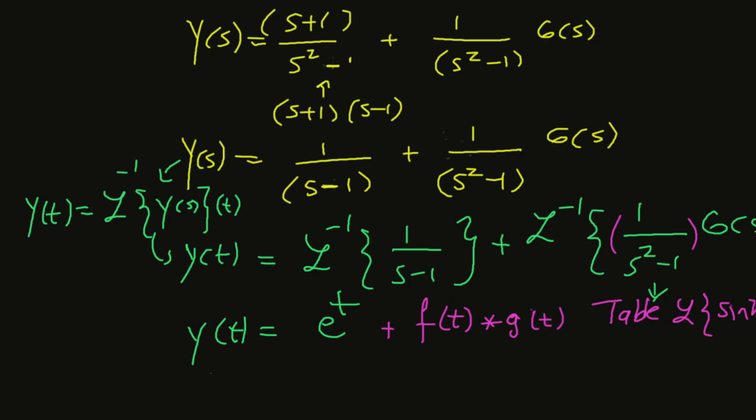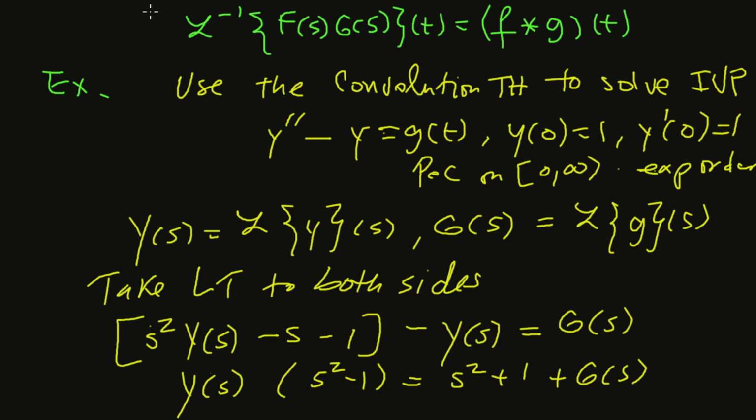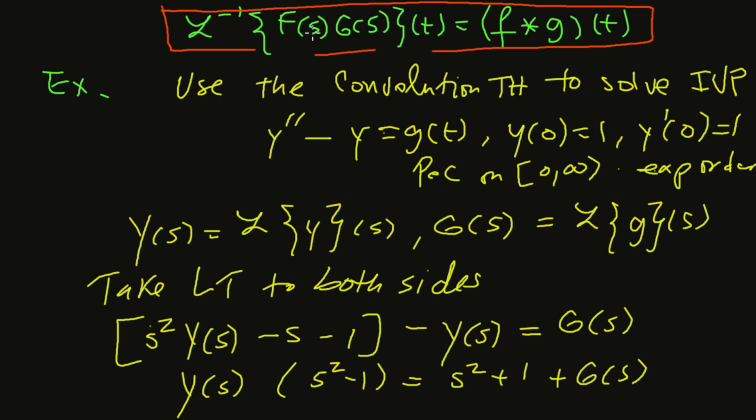So let's go back to the theorem, which is here. Right, this one here. So the Laplace transform of the transform f and the transform g, they're multiplied. The output is the convolution of f of t with g of t, right?